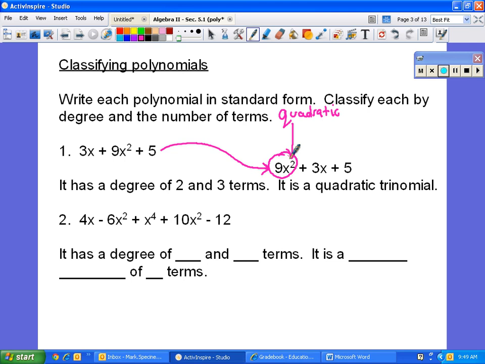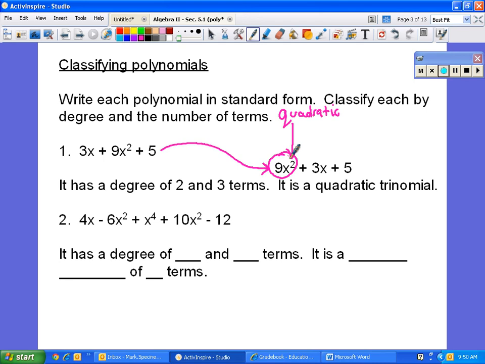And so to get the degree, we look at the highest numbered exponent, which is 2. To get the number of terms, we simply count 1, 2, 3. Remember, a term is some value separated from another term by a plus or a minus sign. So 3 times x, 3x, is 1 term.